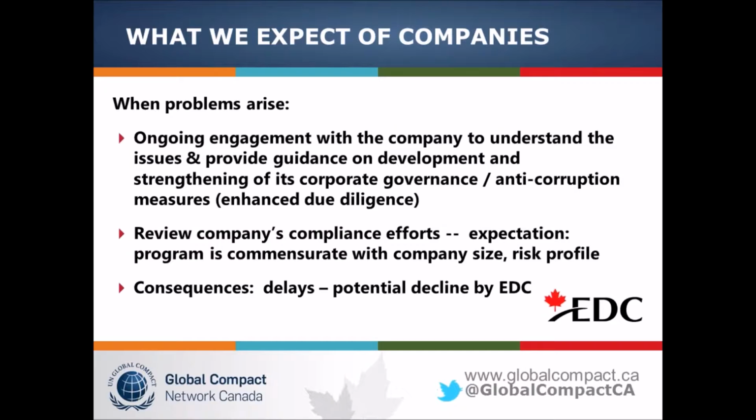So if a company is 5 employees and they're exporting largely to the United States or another country seen as low risk for bribery, maybe all they have in place, or need to have in place, is a code of conduct. If the company is larger or they're working in riskier markets, we expect something certainly more elaborate.